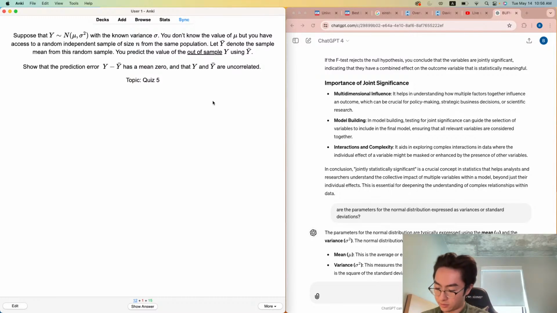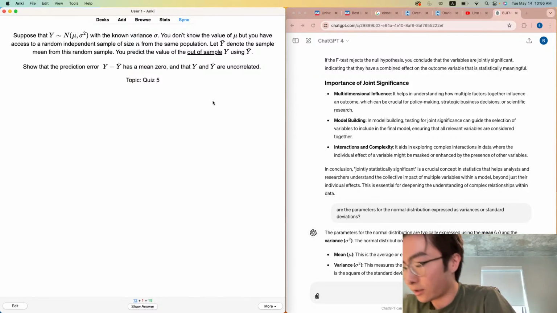So this becomes y bar squared minus mu y bar minus y bar mu plus mu squared. Oof, yeah. Getting kind of stuck here.